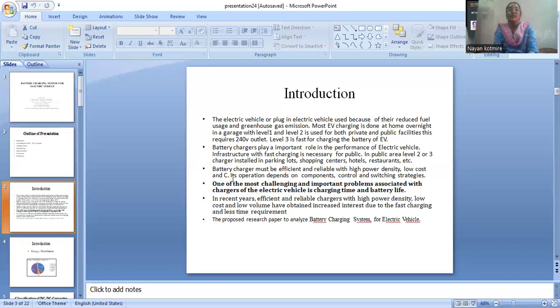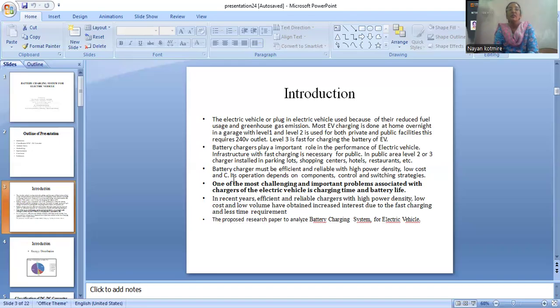The battery charger must be efficient and reliable with high power density and low cost. Its operation depends on the components and the control and switching strategies used.